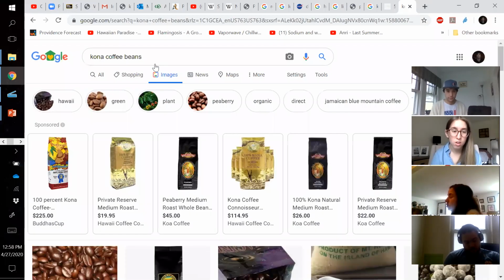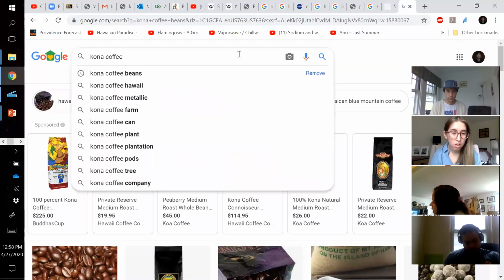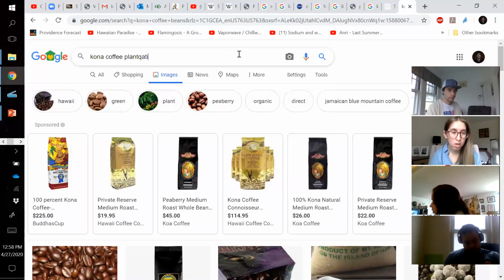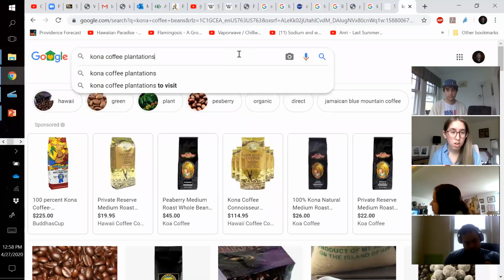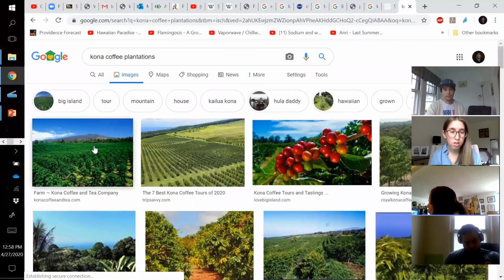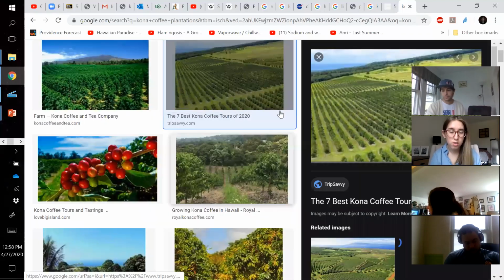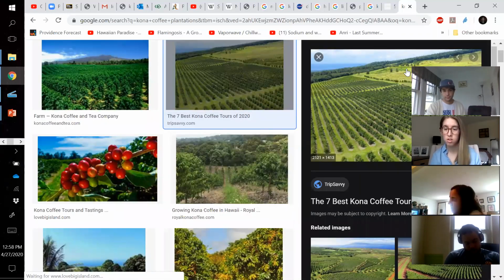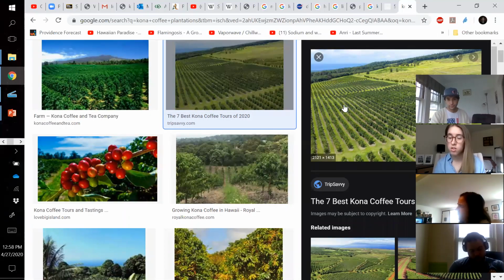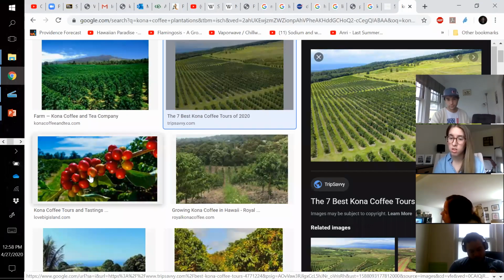And let's see if we can see the Kona coffee bean plantations. Coffee plantations. One of the reasons why Kona coffee is so delightful is these beans are growing in this very rich volcanic soil along the island of Hawaii.